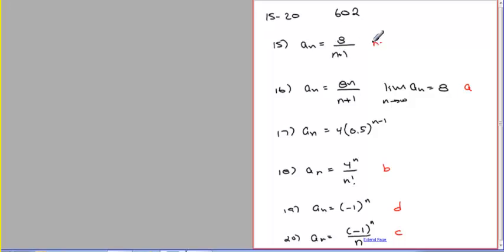So n equals 2 here, we'll get 8 over 3, 8/3. And here, we'll get 4 times 0.5 to the power n minus 1, which is 2 minus 1, which is 1. A half is 0.5. So you'll get 2. So this one's 2, this one's 8/3, which is greater than 2.